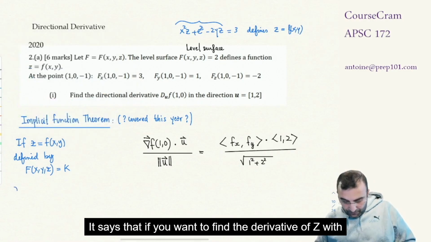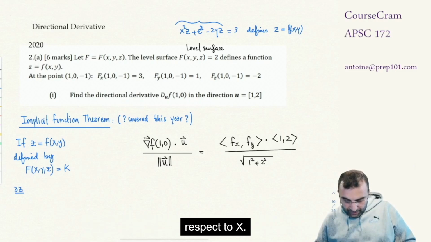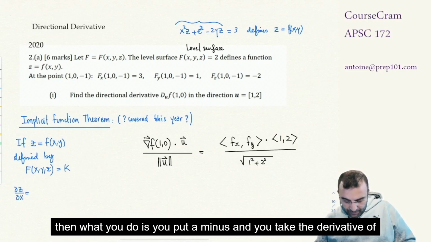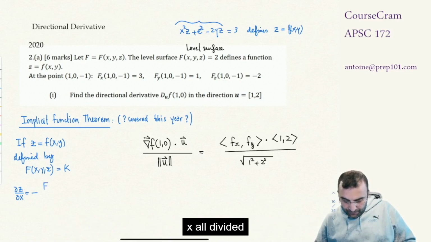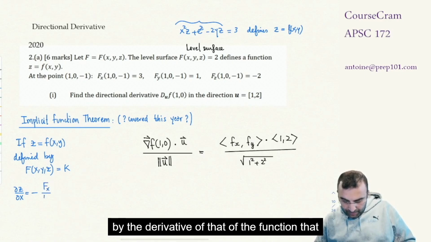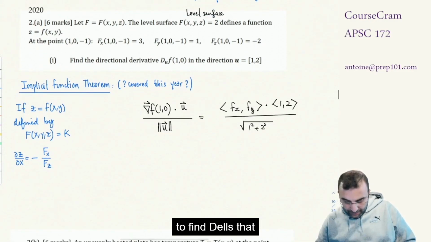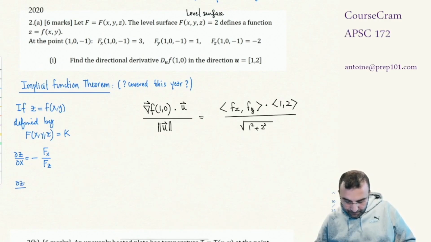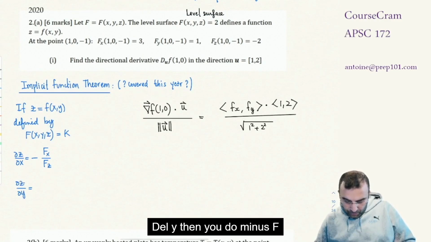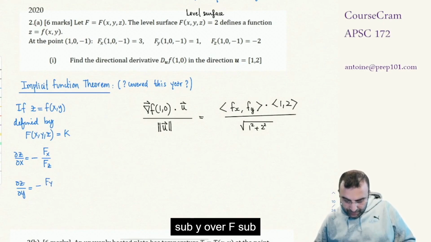If you want to find the derivative of z with respect to x, then you put a minus and you take the derivative with respect to x, all divided by the derivative with respect to z of the function that defines z. And if you want to find del z del y, then you do minus f sub y over f sub z.